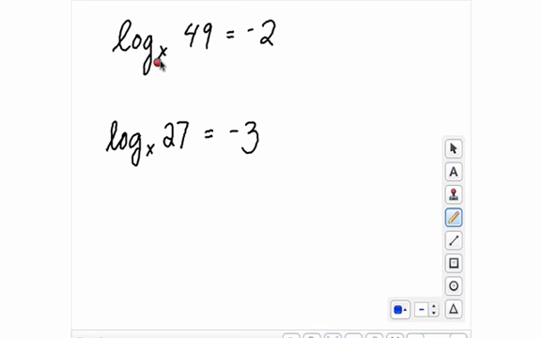Let's look at a couple other examples. Again, convert from log form to exponent form. So this is x to the negative second power equals 49. I'm going to have to undo the x to the negative 2. I undo that by raising it to a negative 1/2 power. I have to do the same thing to the other side.